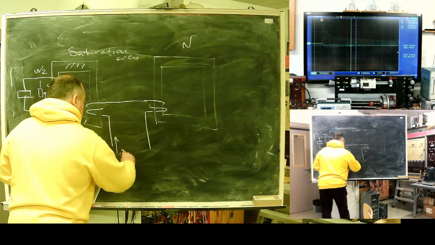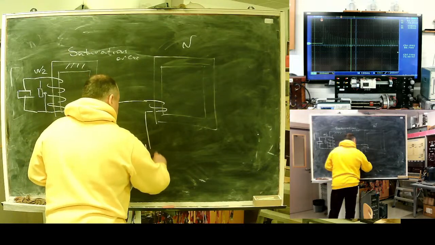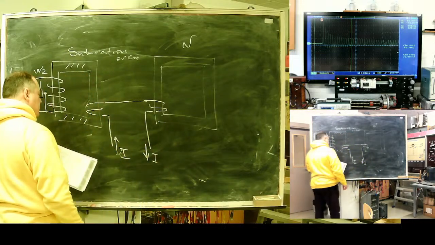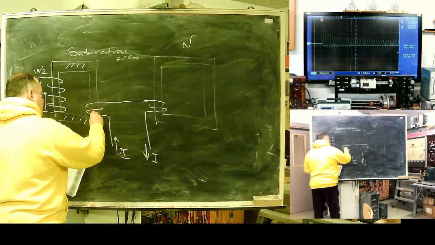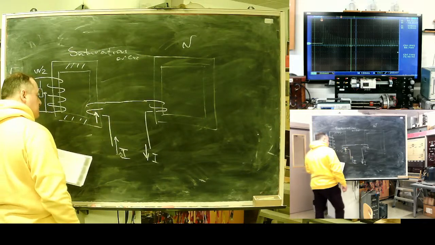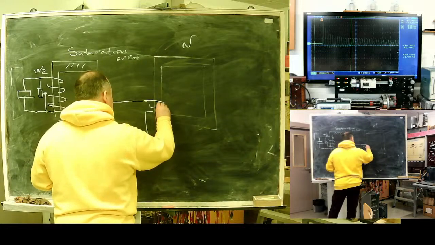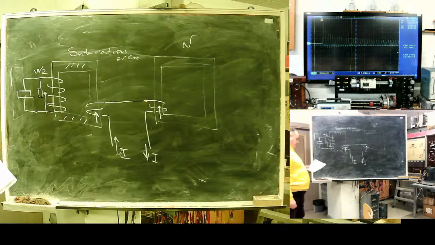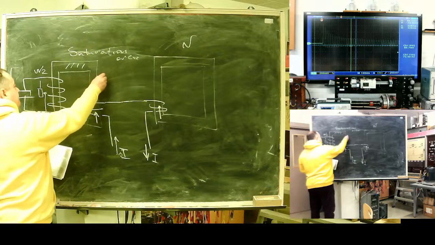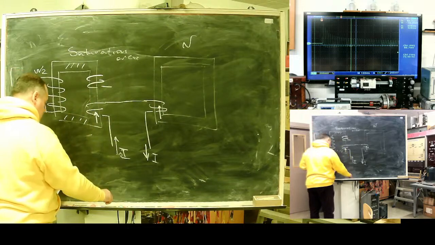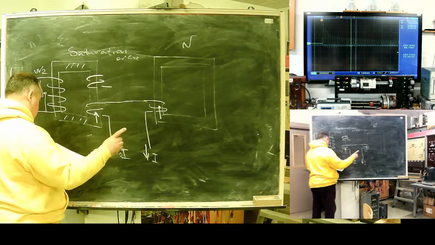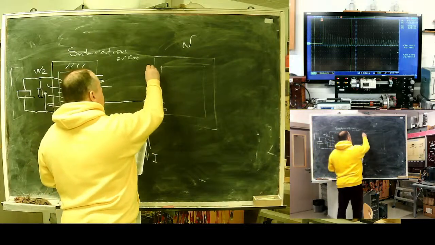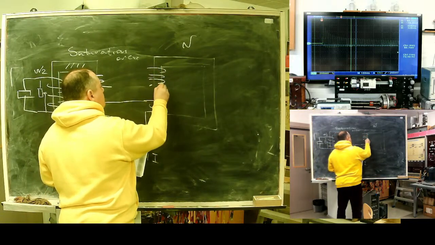Differential current inflows, differential current outflows, magnetizing flux will be directed this way, and I assume this is flux from my differential current. Fine.